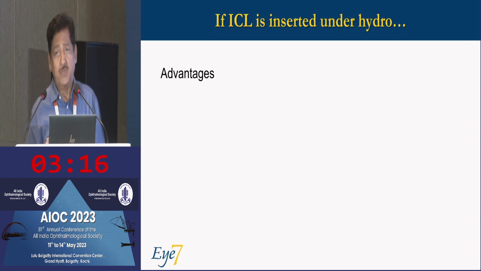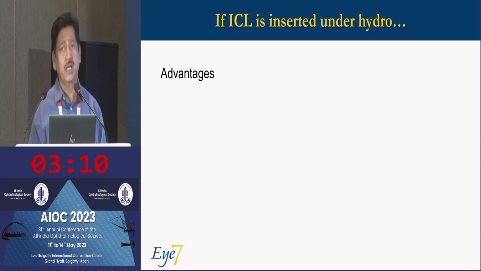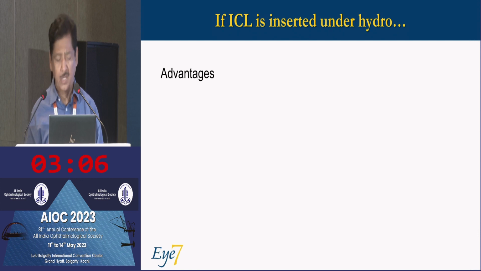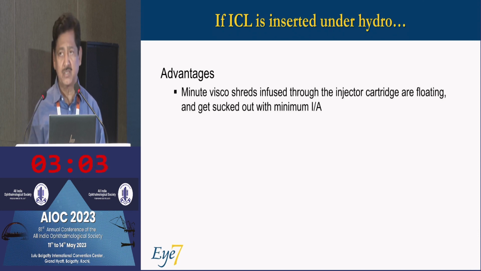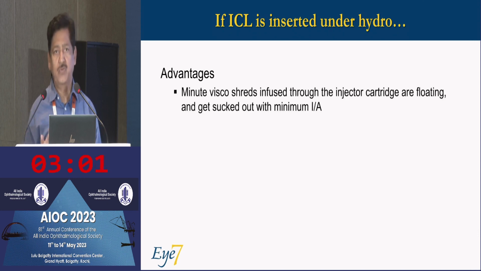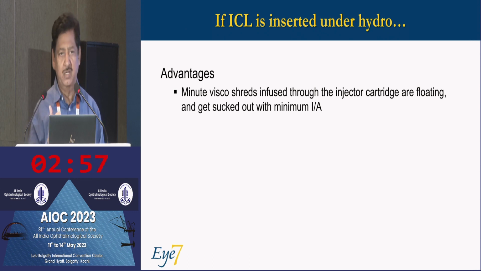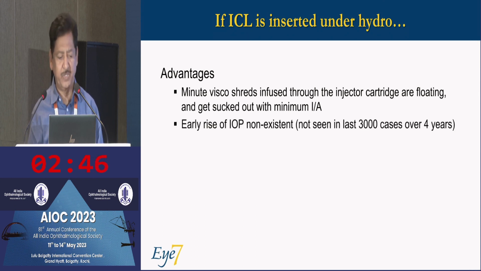So I thought, why not do away with all the viscoelastics? And I went on to a technique called hydroinsertion. It has its advantages because you are not using any viscoelastic. The viscoelastic is only in the injector, which is minuscule, and it is just floating around as minuscule threads, so it gets sucked out very easily with minimum irrigation aspiration.